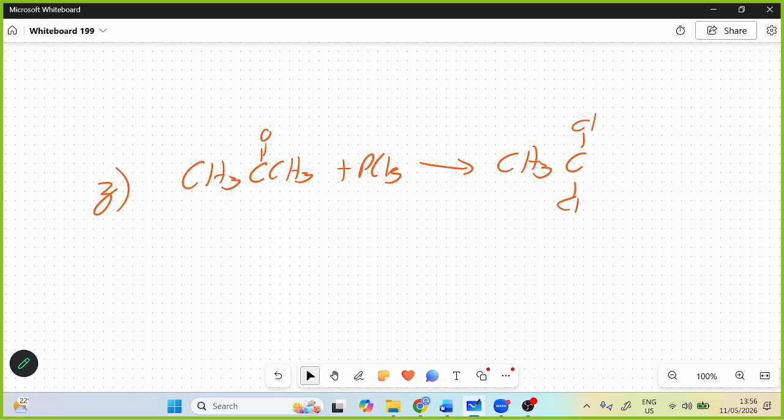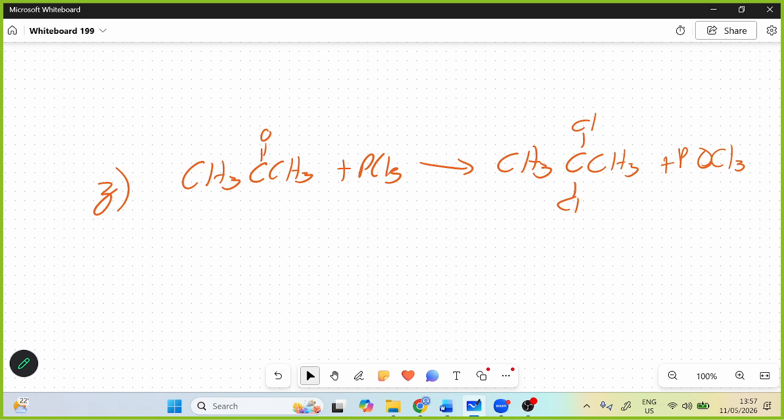This is first nucleophilic addition, then nucleophilic substitution, plus POCl3. In fact, this does not emit white fumes of HCl. This is a test to differentiate between alcohols and aldehydes or ketones.